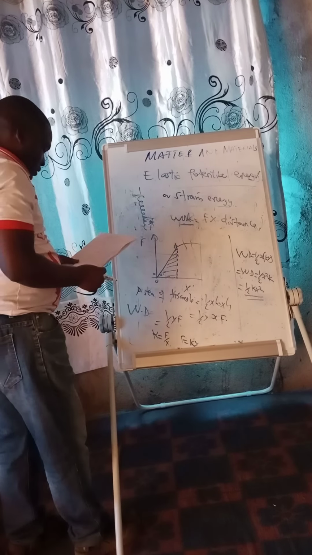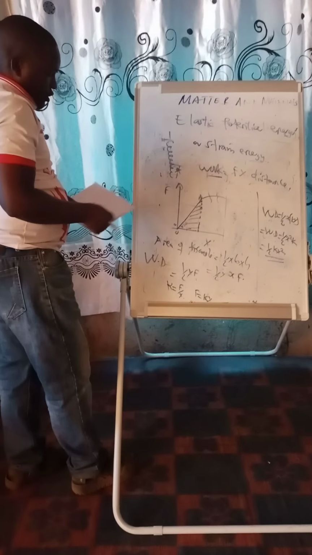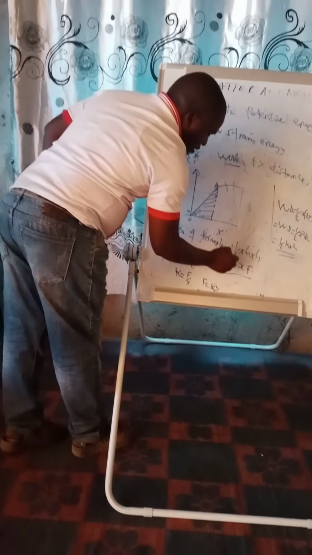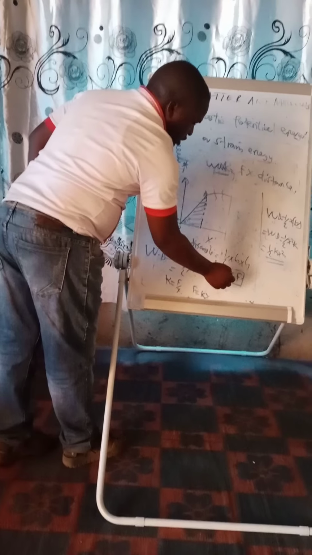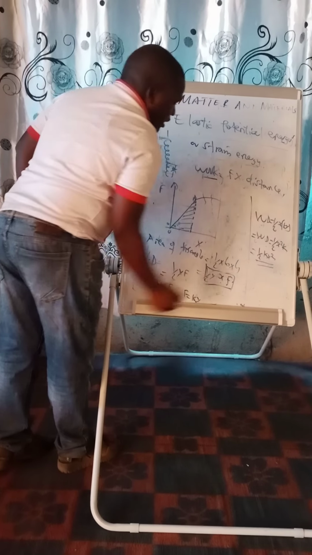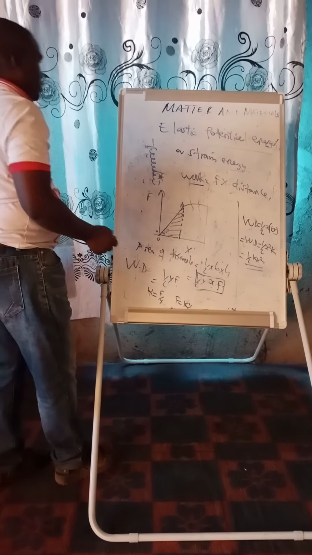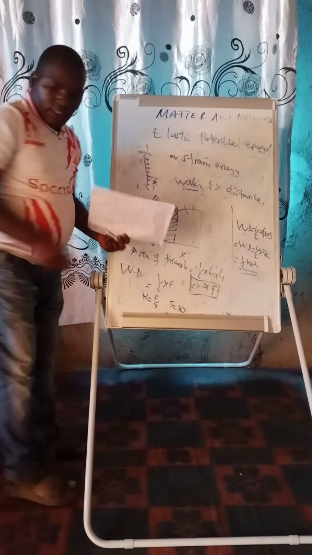This is the elastic potential energy. We can use either formula, a half times extension times applied force, or a half times force constant times extension squared. Okay, thank you very much.